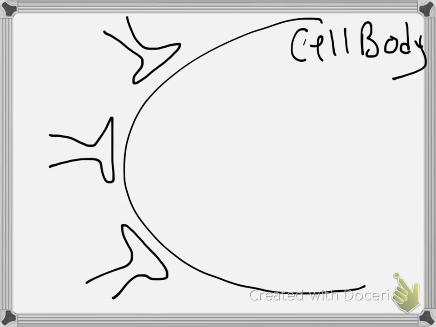Here we have a cell that has 3 neurons converging on it. Remember the concept of convergence? Many neurons converging, or sending signals, to one cell. So in this case, let's say that one neuron generates an EPSP in the cell body, whereas another neuron is going to generate an IPSP.